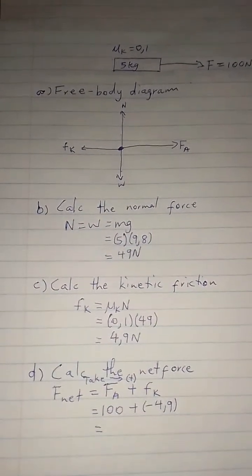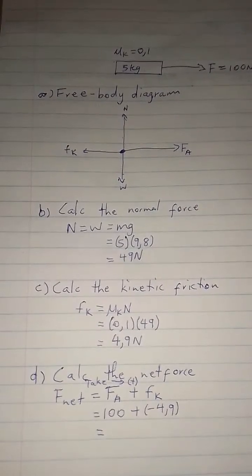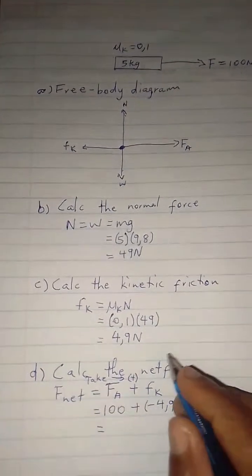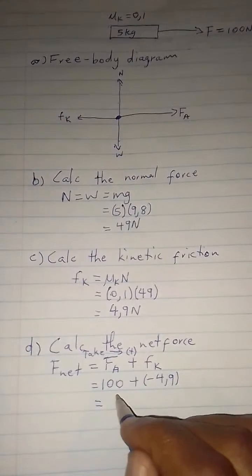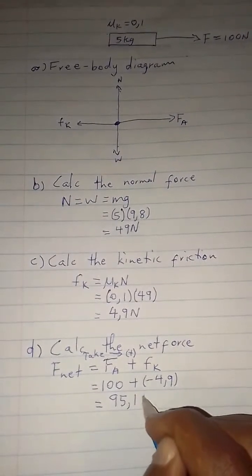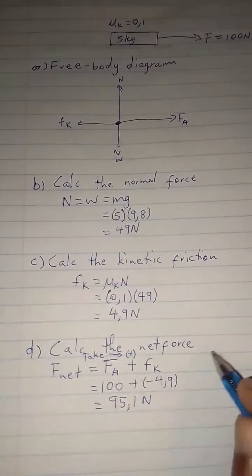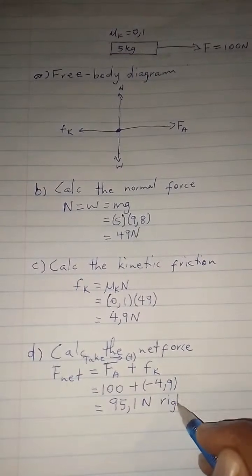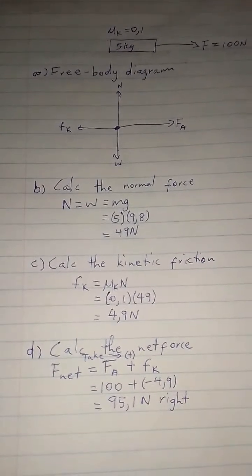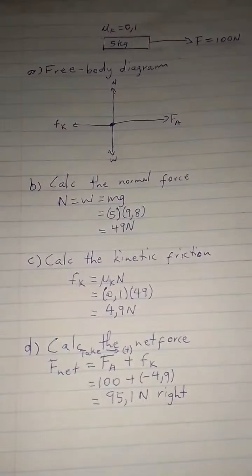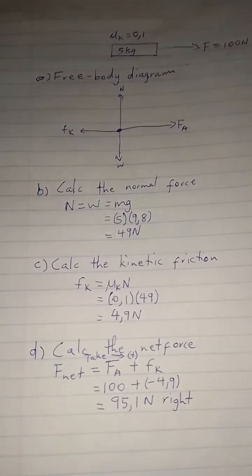So 100 minus 4,9 is 95,1. Since it's positive, it's going to the right. Then the net force is 95,1 newtons to the right. Right. Then we are done with this one. Let us do the second one.